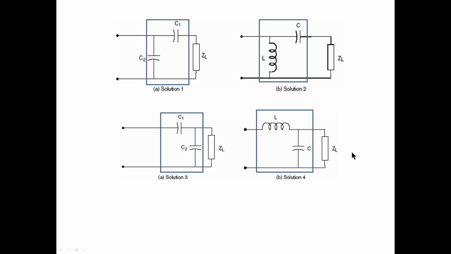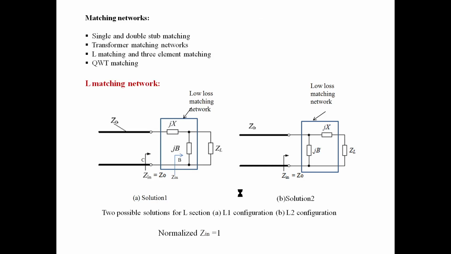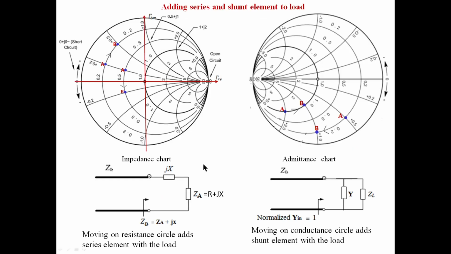Okay, that gives the value, and our main intention is what should be this value, what should be this value, to make the impedance match between these two. So to get an impedance here Z0 equal to this, what should be the value of this and this, that we can easily find from the Smith chart that we were discussing in the earlier class. Okay, that is by moving over a constant resistance circle or a conductance circle, we can easily add.